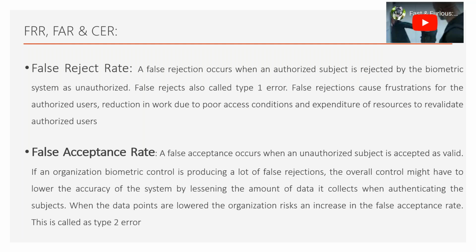Or let's say you are coming by two-wheeler and your hand is full of sweat. You try to swipe it against the biometric system and it will not allow it. These kinds of errors are called FRR, where authorized users are not accepted by the biometric system. We also call this a type 1 error.